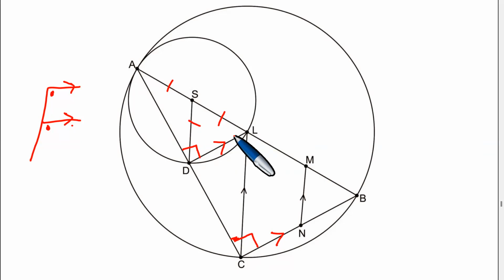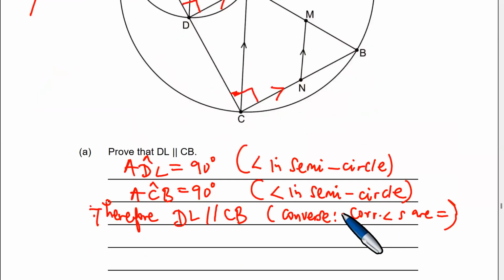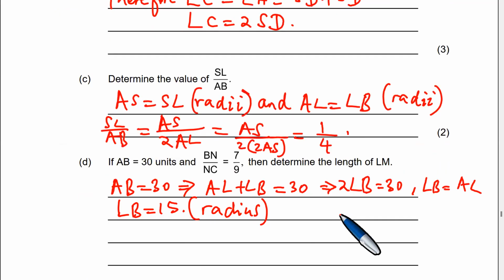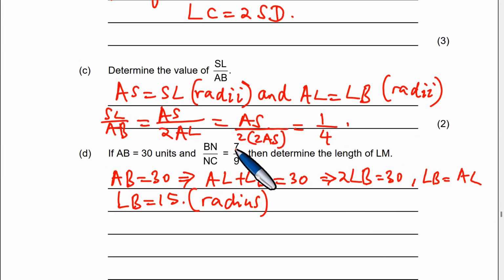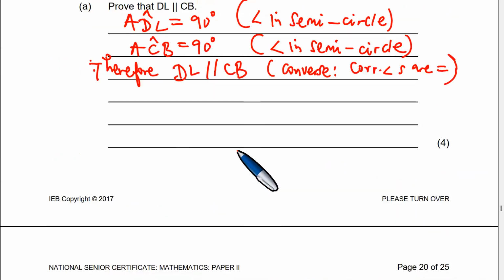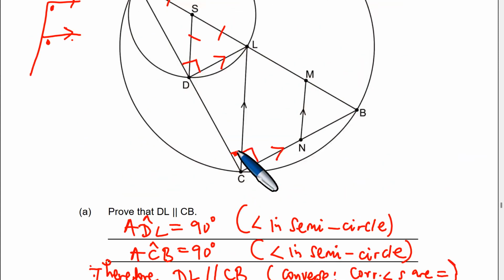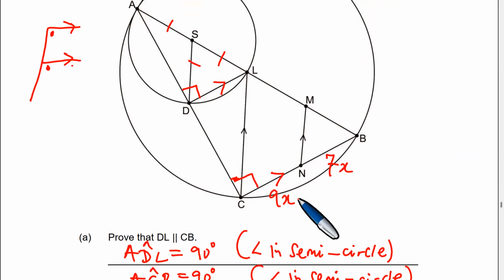So BN over NC has been given. BN over NC is 7 out of 9. So BN over NC, you can say 7x over 9x. And then we want to find LM.